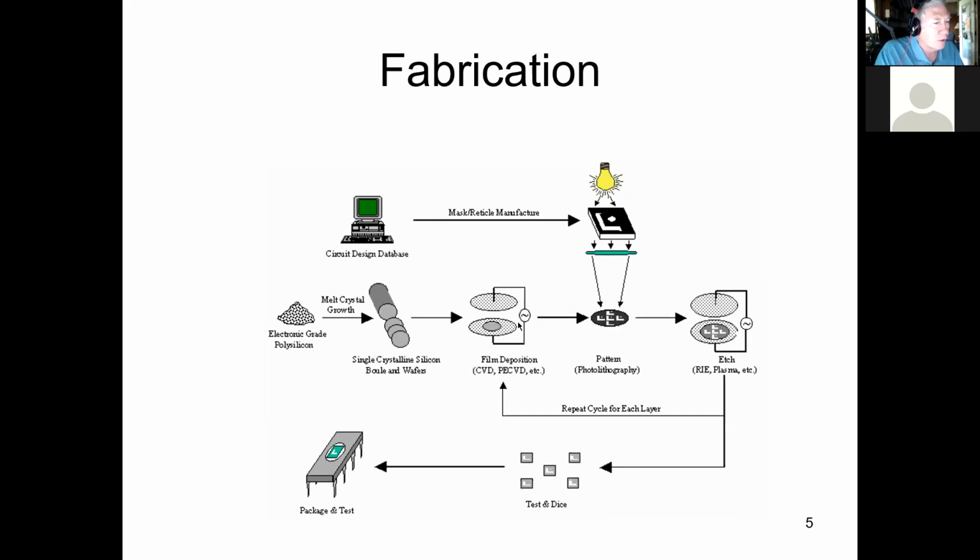And then they go through step after step of washing off the non-exposed photoresist, etching, depositing, doping it to make it a P area or an N area, creating the channels or whatever.